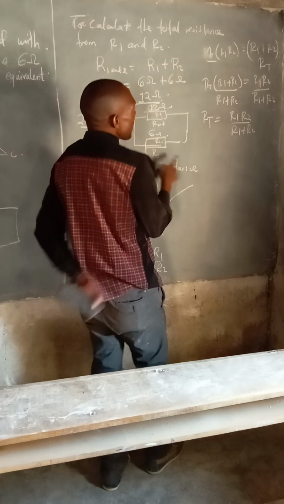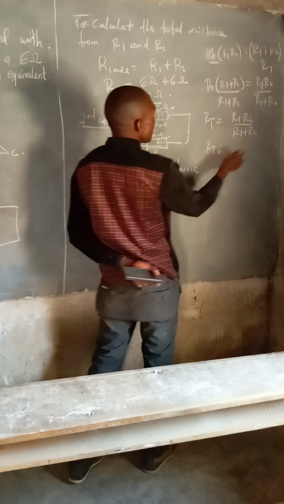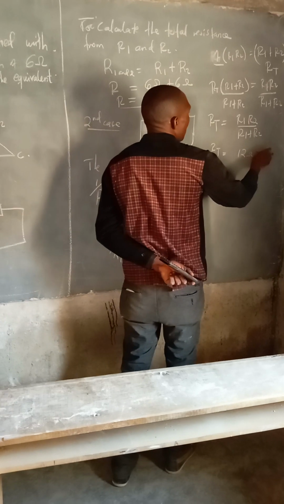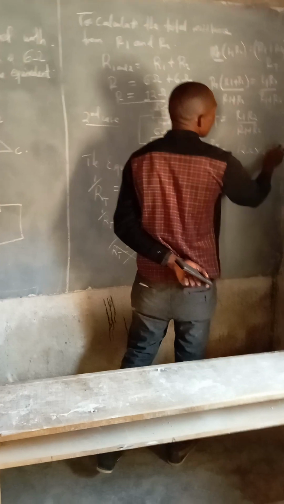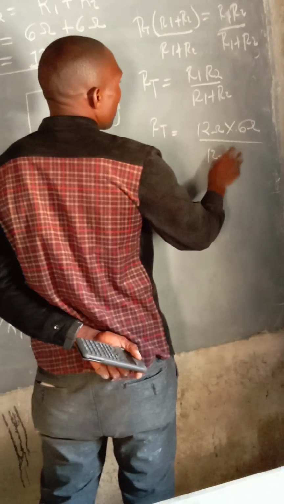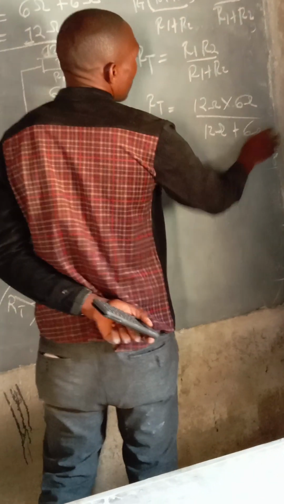In this circuit, R total is equal to R1, which is 12 ohms, multiplied by 6 ohms, divided by 12 ohms plus 6 ohms.